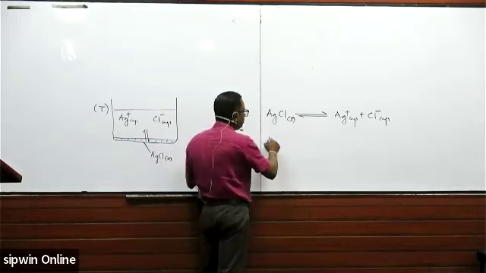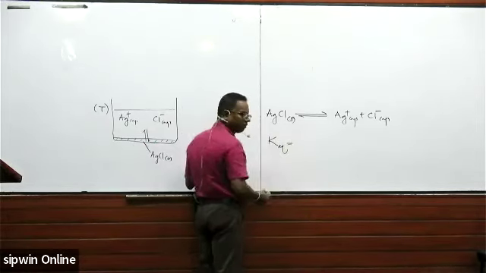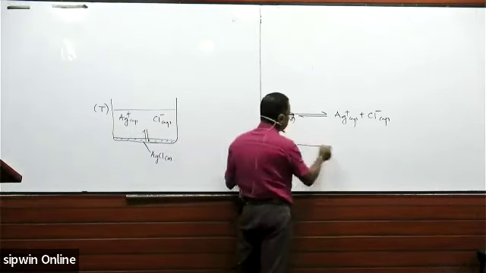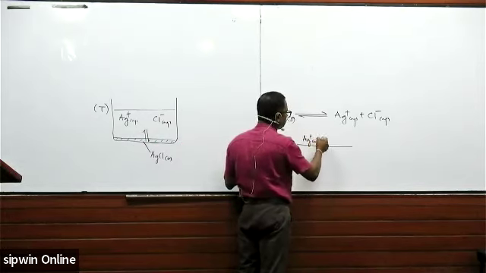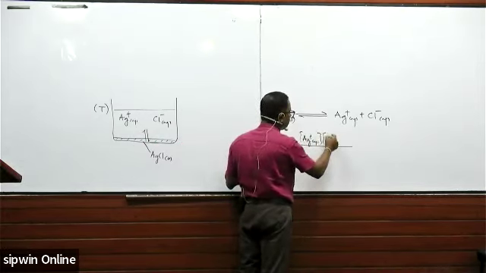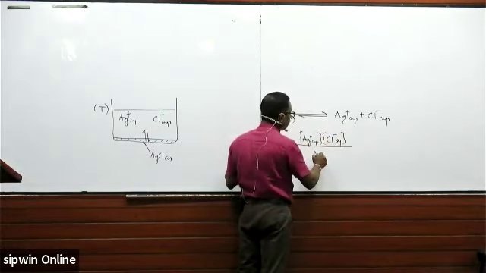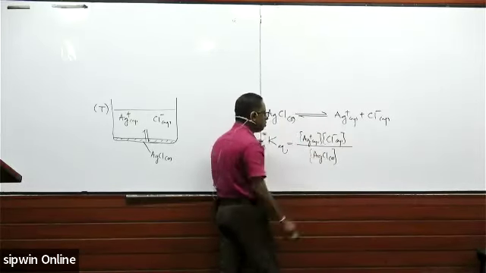we'll apply the equilibrium law. At the equilibrium, I will take K equilibrium equal to the Ag+ aqueous concentration, Cl- aqueous concentration, over the silver chloride solid concentration. Equilibrium law.